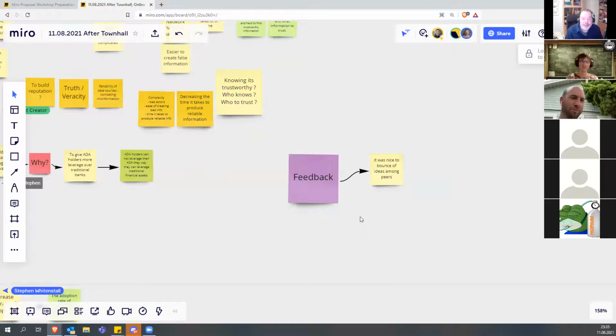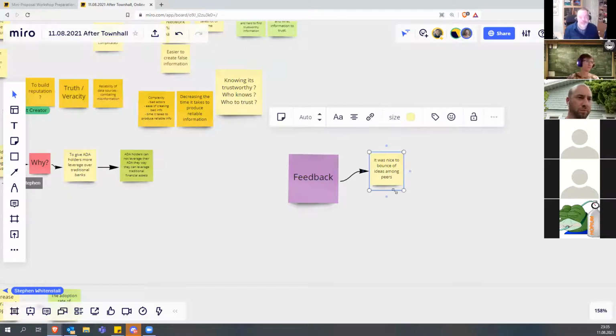So how did you find the session, Blake? Did you find it useful talking about the process? Yeah, it's great. I loved it. I just love coming to these town halls. It's always really fun. It's very rare that I find communities like this.